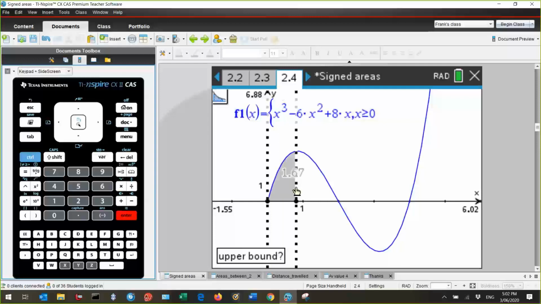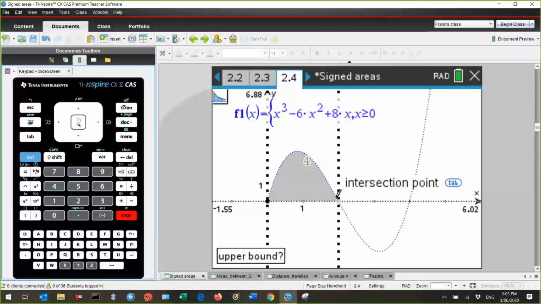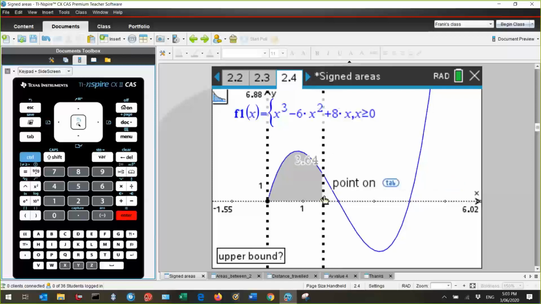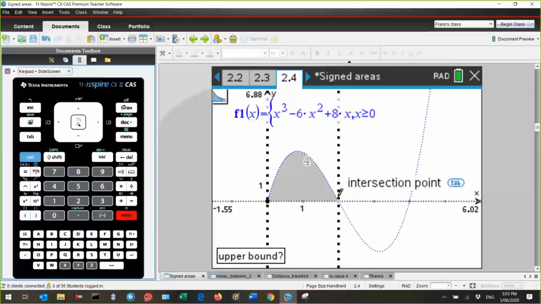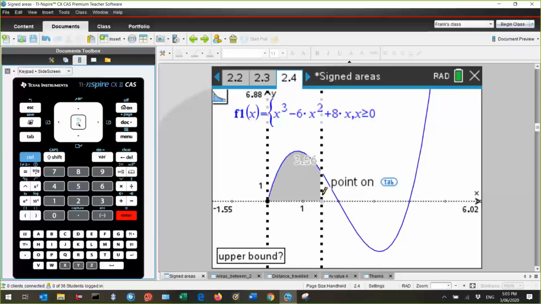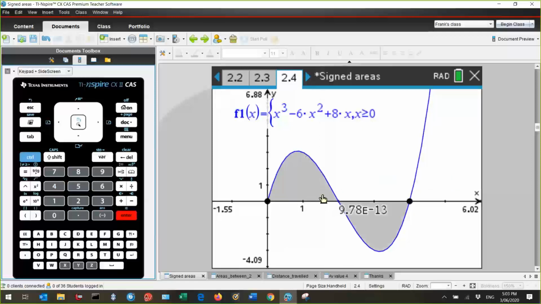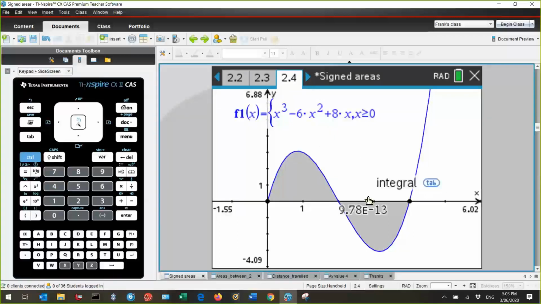As you slide the point across, you can see the area increasing till you get to the intersection point, and the area is 4. You can go to the intersection point or press 4, enter. Except I didn't want 4, I only wanted 2. Never mind. So I just wanted 2 at that stage, and I see that the area is 4.